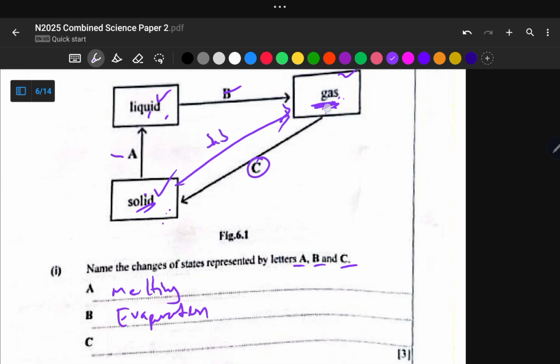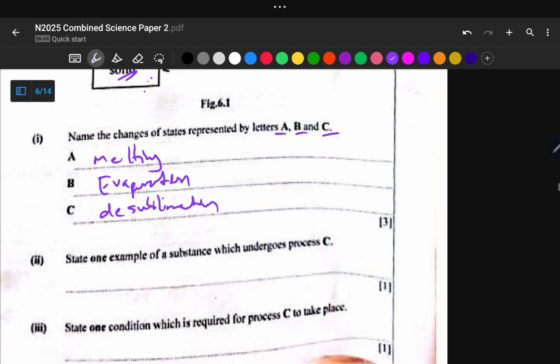So from gas to solid, we're going to have reverse sublimation, or deposition. And we are done. So this one is what we call deposition.